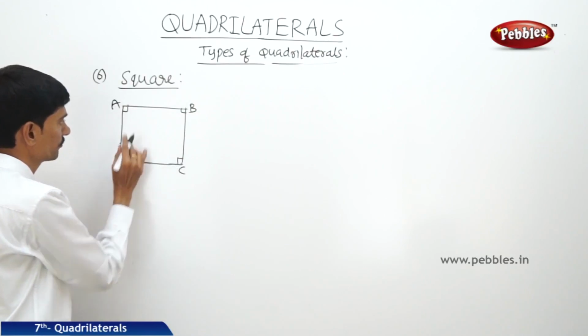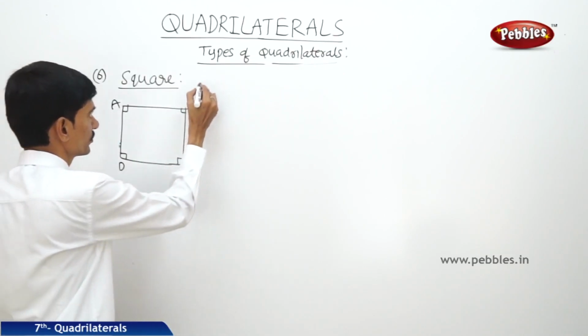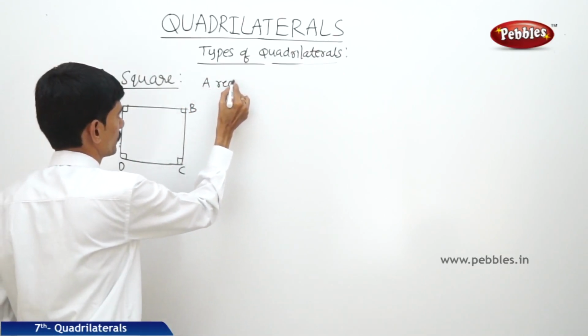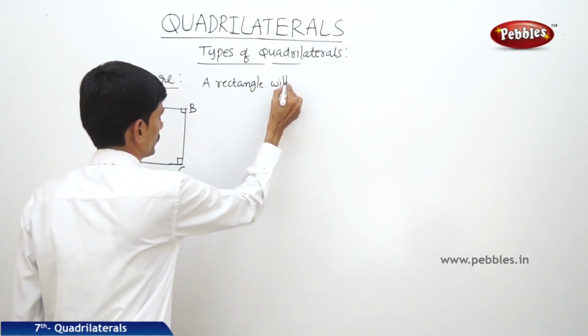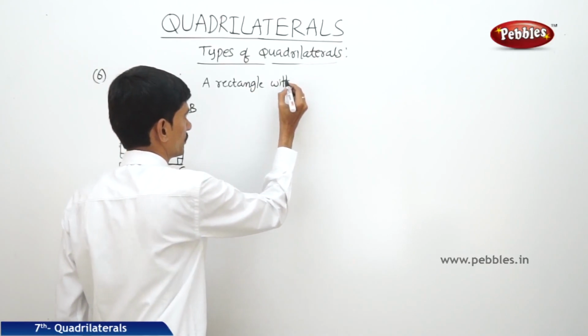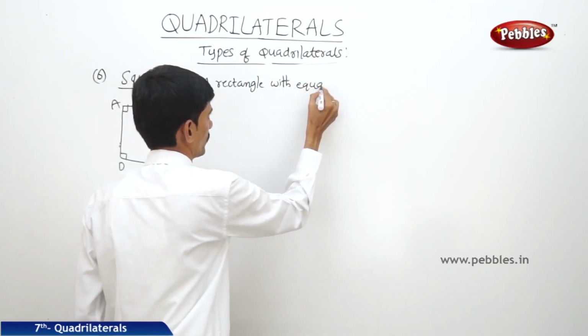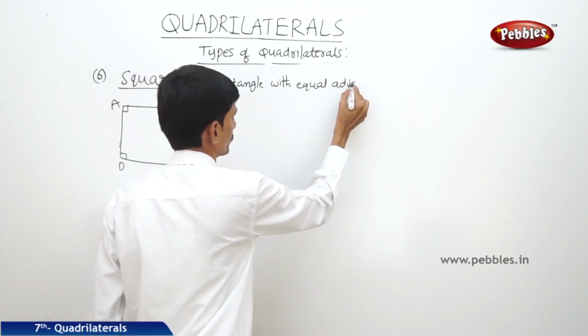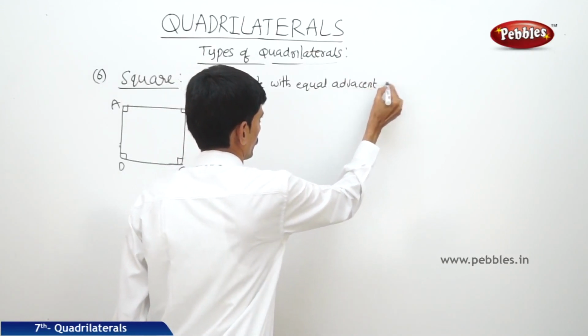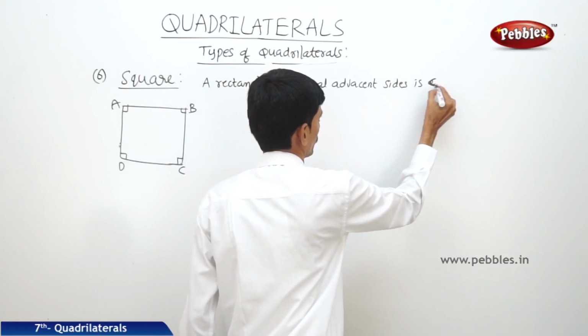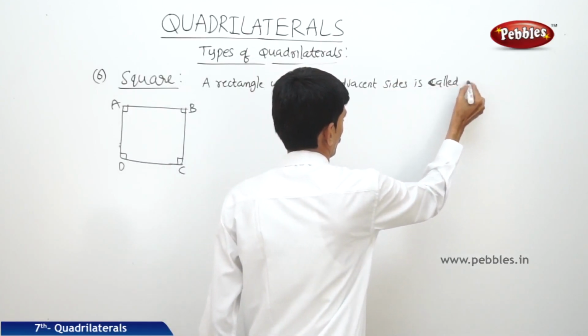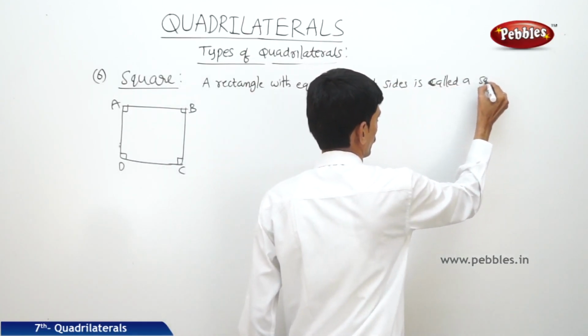So automatically all the four sides will be equal. So a rectangle with equal adjacent sides is called a square.